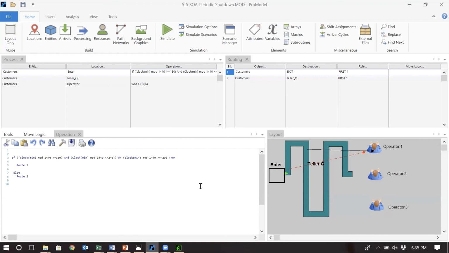My goal is to count how many customers got rejected. They could not enter the system, and customers get rejected only if they enter during the lunch break or during the time that the bank is closed at night, after 4 p.m. till 9 a.m. next day, right? Only in those scenarios we reject the customer and send them to exit.